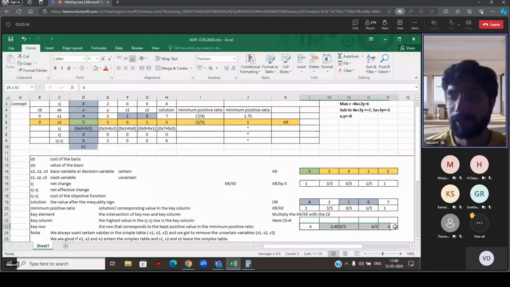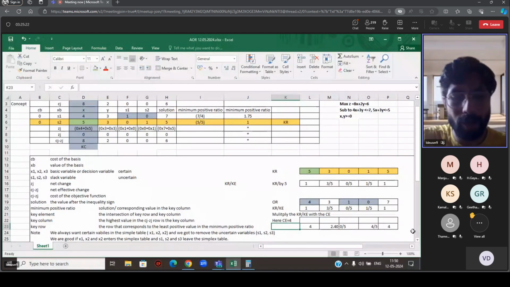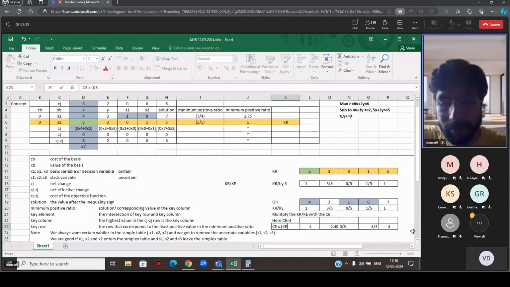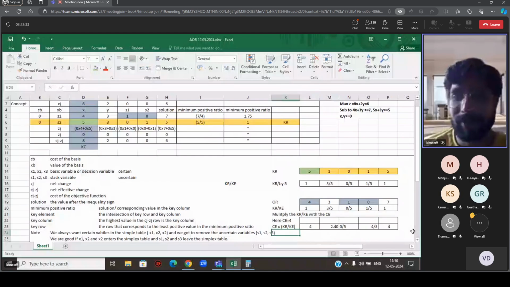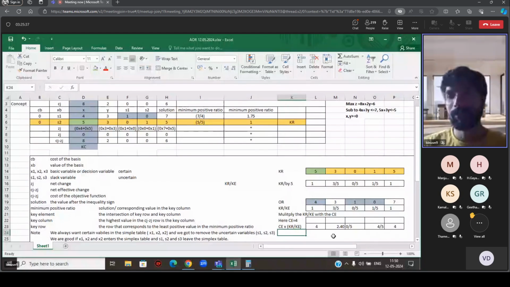This is after multiplying the key row by key element with the corresponding element. So what I can write here is CE multiplied by KR by KE. That's exactly what I'm trying to say here.